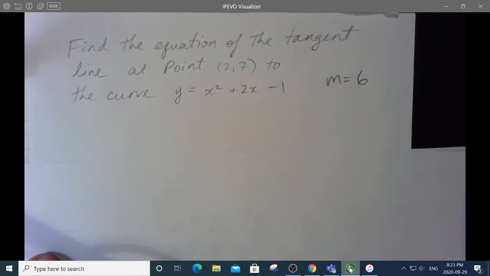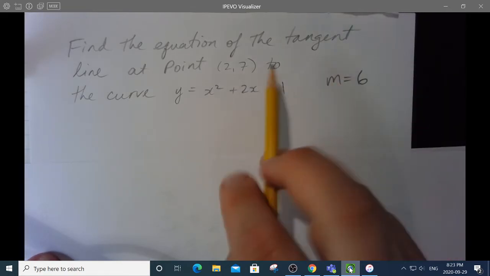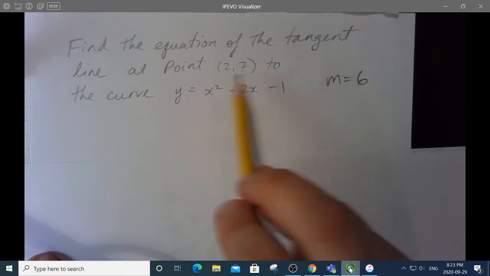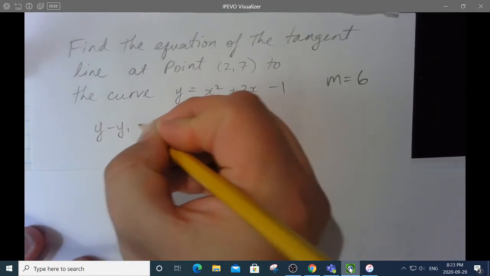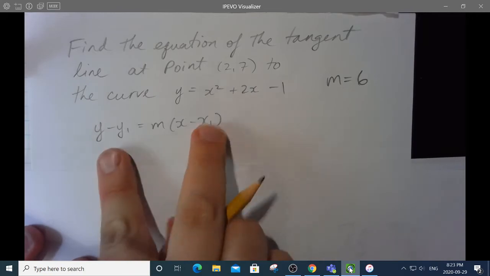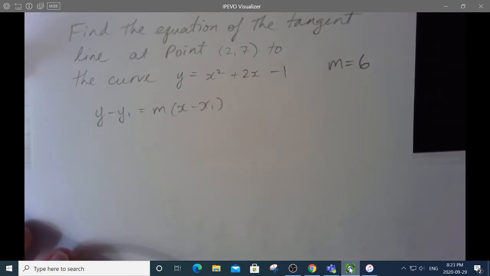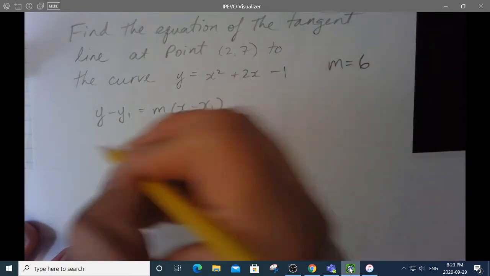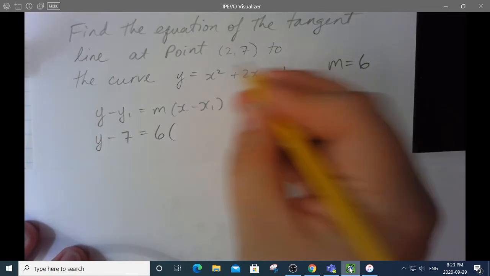And if you think back to the grade 11 review of our algebra, one of our skills was, can we find an equation given a slope and a point? And yeah, we can. We can use the formula y minus y1 equals m times x minus x1, also known as the point slope form of a linear equation. So I know that y1 here is 7, and my slope is 6, and that's x minus 2.